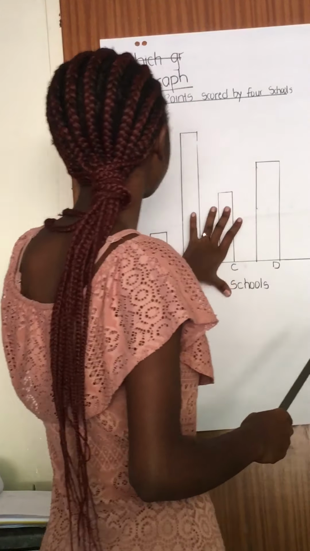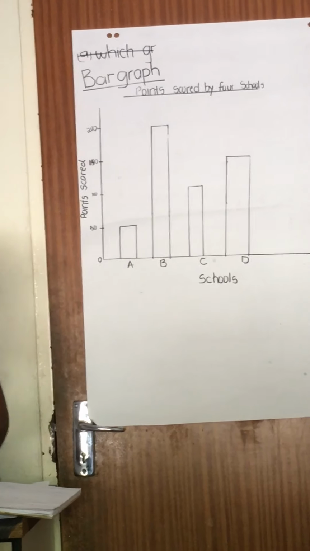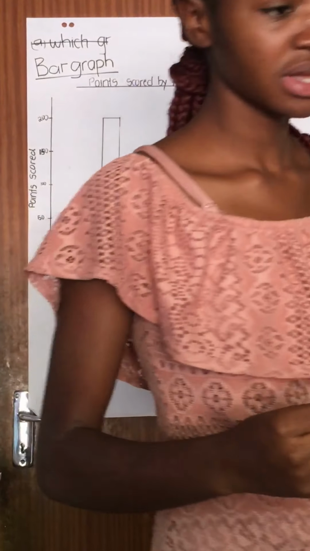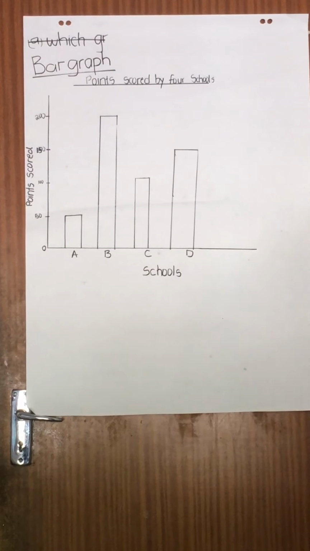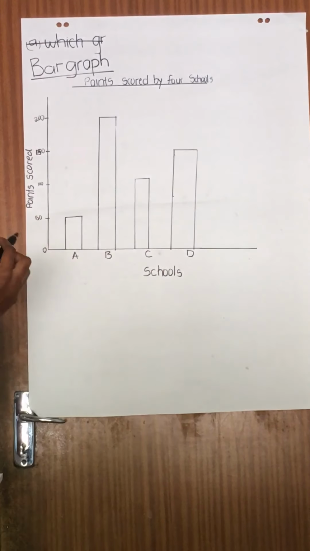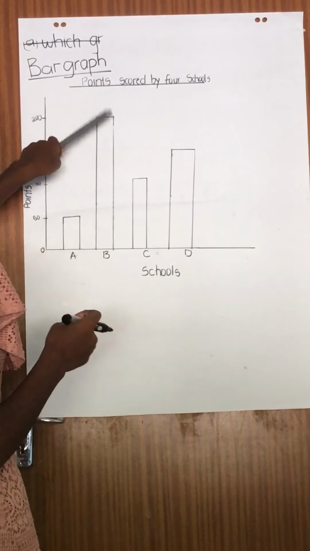So we are going to look at the difference between the points scored by the highest school and the points scored by the lowest school. So let's go ahead and find out. The difference is actually, we are going to minus the lowest points from the highest points.